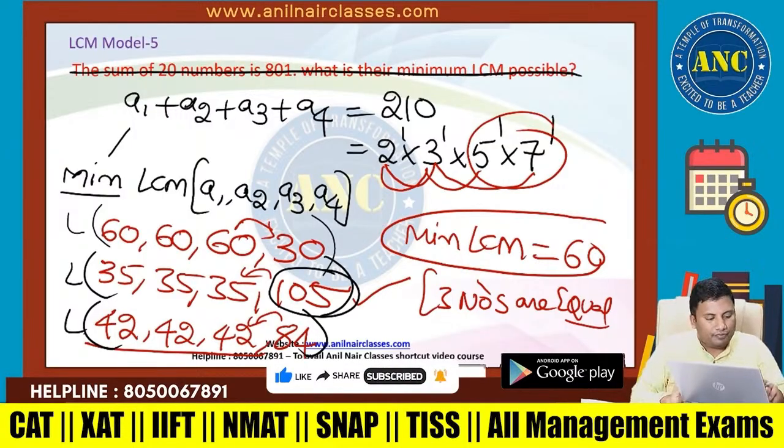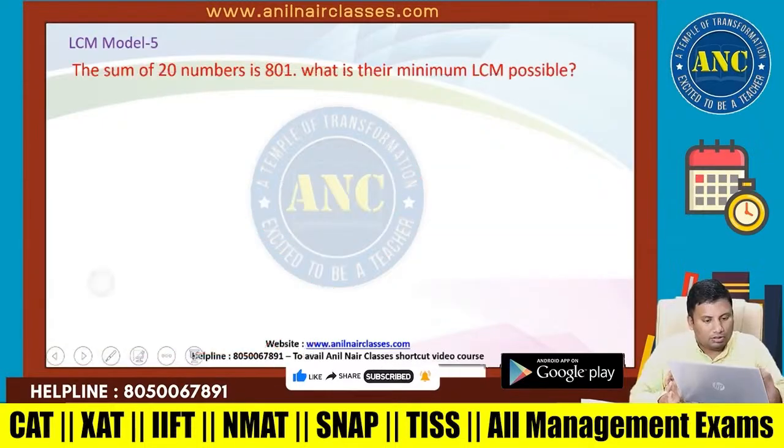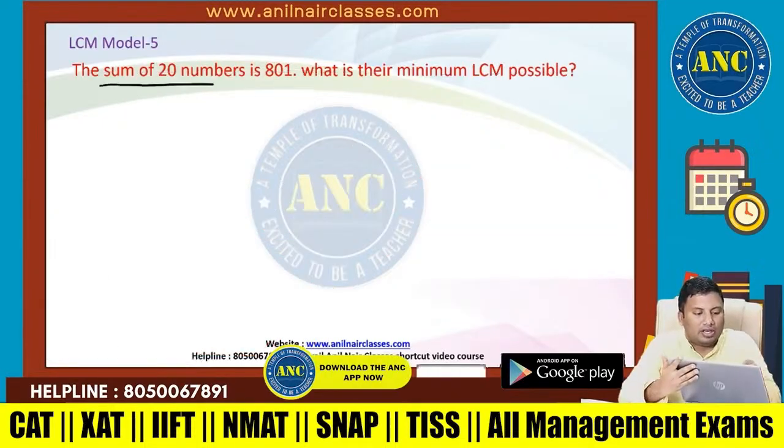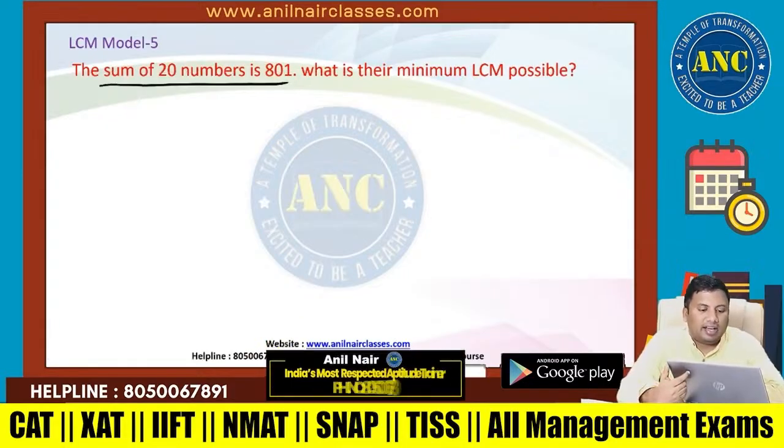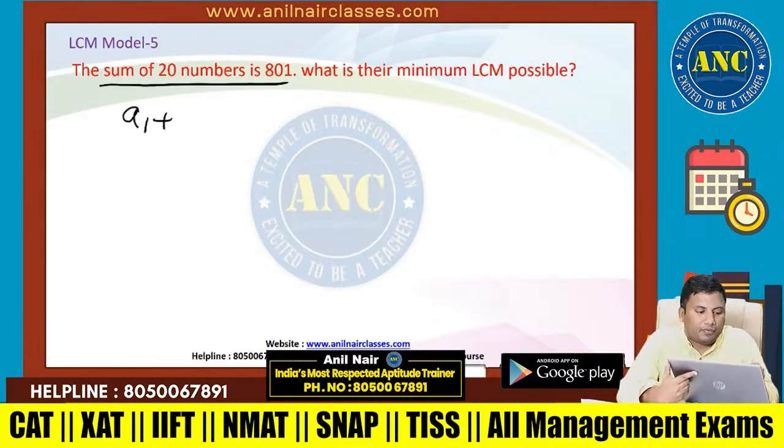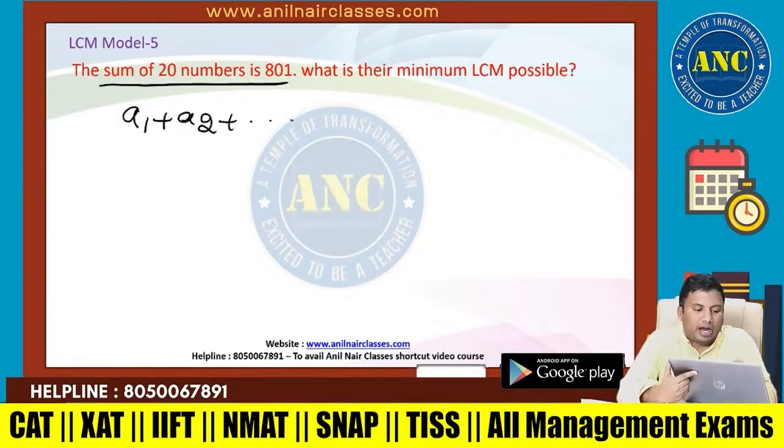Now the question is, sum of 20 numbers is 801: A1, A2 and so on up to A19 plus A20.